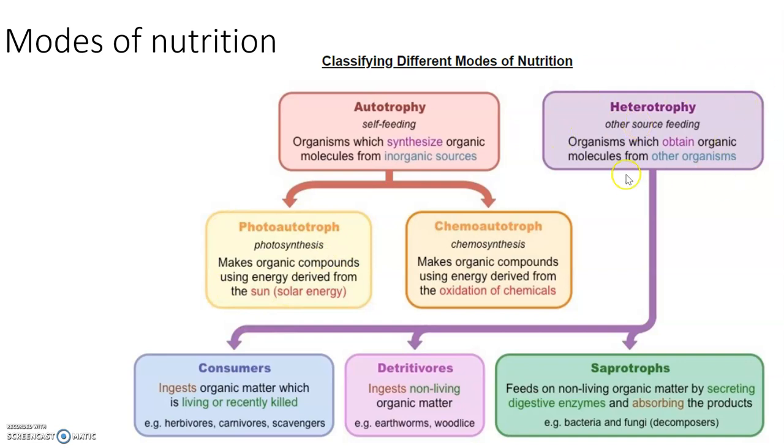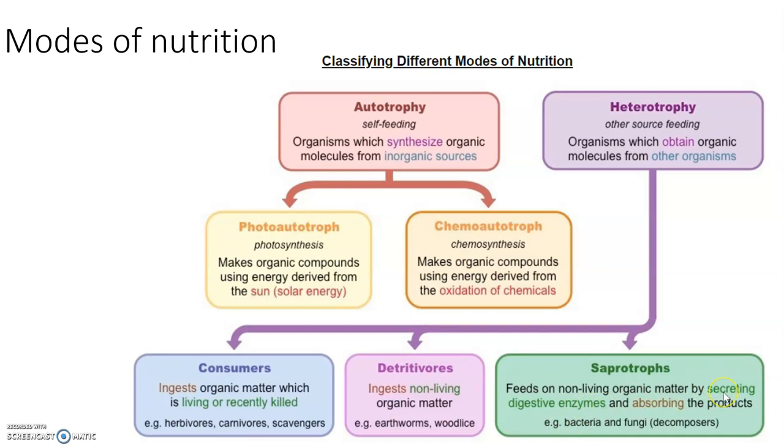And then the heterotroph organisms, they are divided into the consumers, the ones that ingest living or recently killed organic matter, the detritivores that ingest non-living organic matter, and the saprotrophs that do not ingest, but feed on non-living organic matter by secreting digestive enzymes.